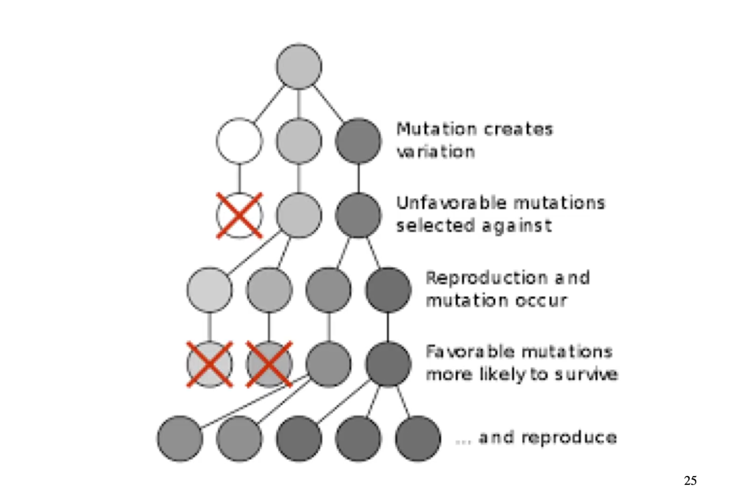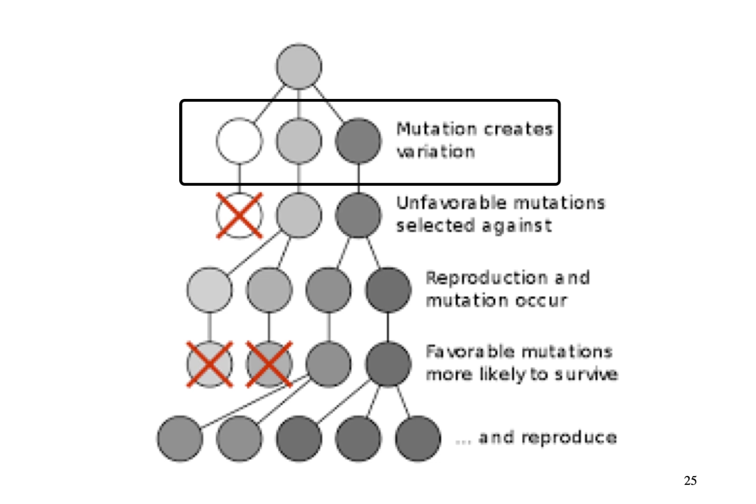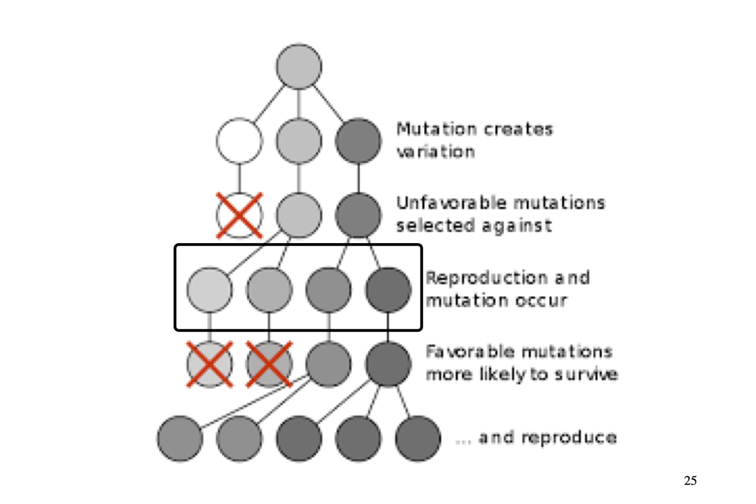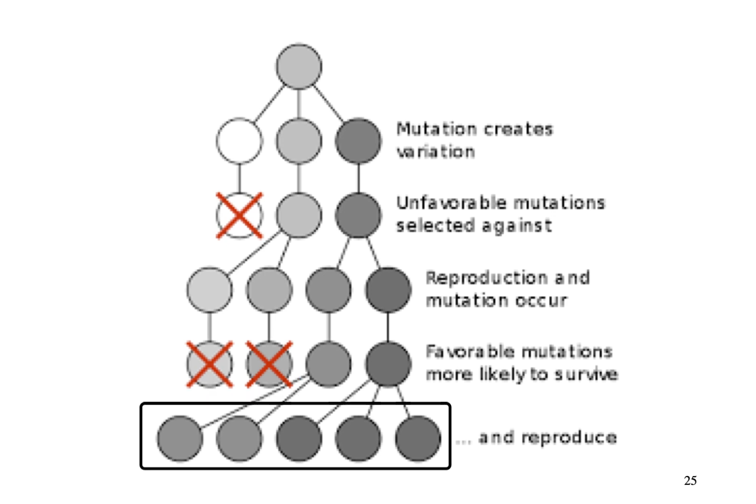pressures. So in total then, if you have this original organism, mutation creates some variation in the progeny, and then unfavorable mutations are selected against. You have these also reproducing, creating more variation due to mutation, and then more selection, and eventually leading to a different population that has usually different allele proportions, and on and on and on.